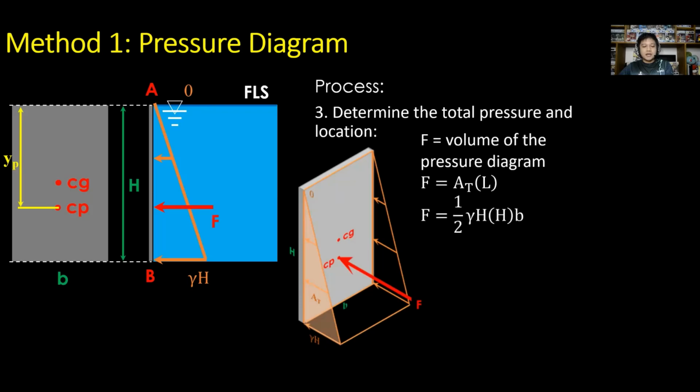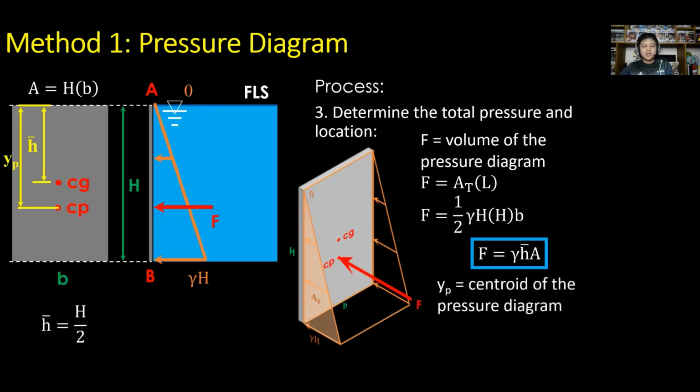So for the sample diagram, F is equal to 1/2 times gamma times H times B. But assign the distance from free liquid surface to the center of gravity or CG as H bar. And for this sample, H bar is equal to H all over 2. Then area A is equal to H times B. Thus, simplifying the equation, F is equal to gamma times H bar times A.